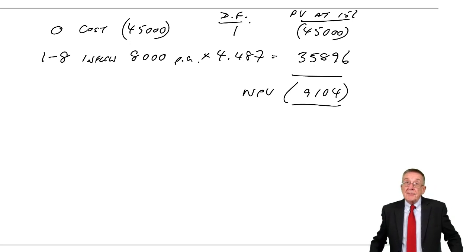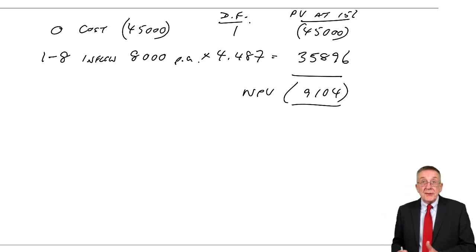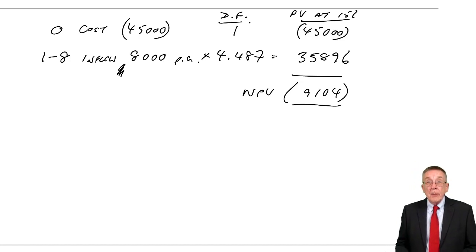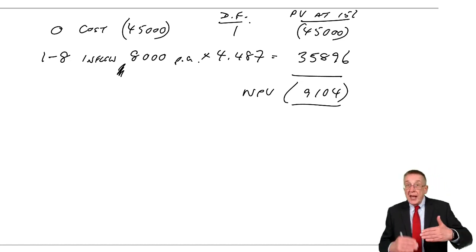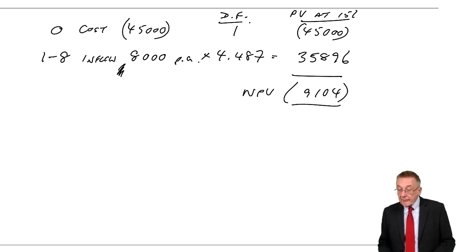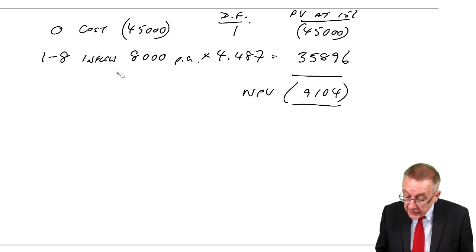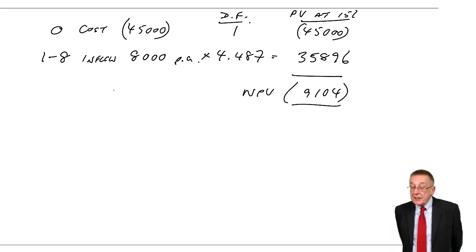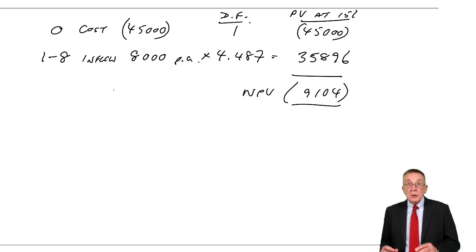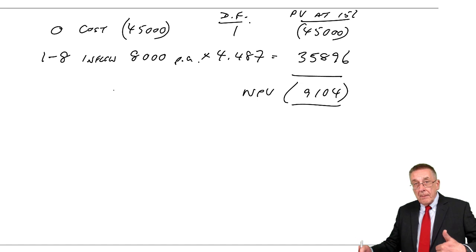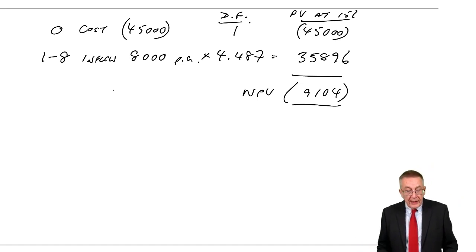So it makes things quicker. You can only use these factors when it's an equal amount each year. If the flows are changing each year, then you have to discount each one separately, as we did before. There's just one thing to be careful of, that the annuity factors are giving you the total from year 1 to anything. Look at example 5.